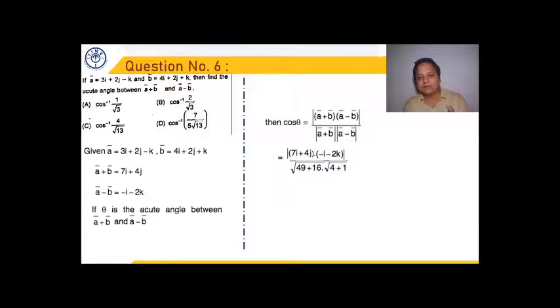So in the denominator we have root 13 root 5 multiplied by root 5, so it becomes 5 root 13.